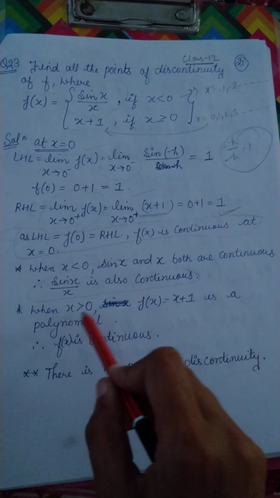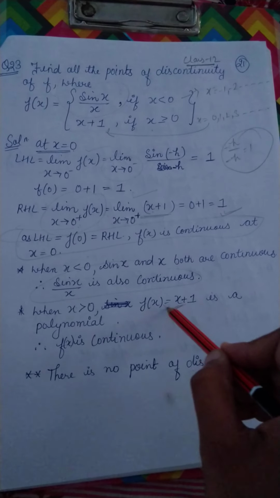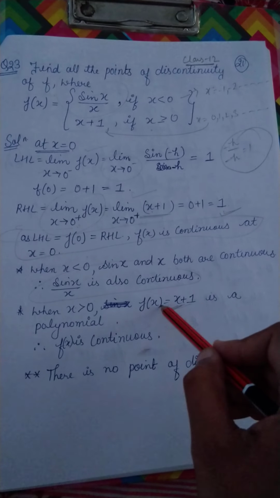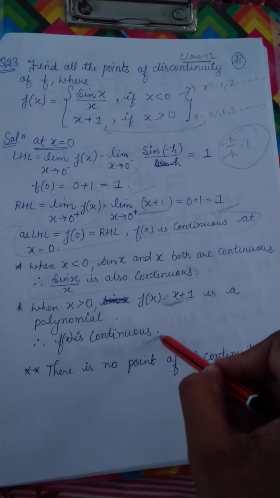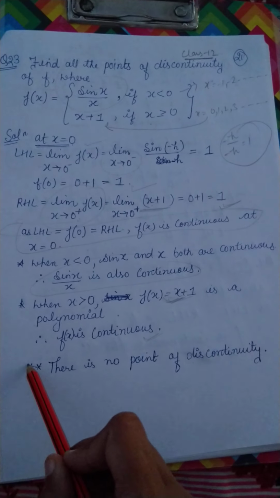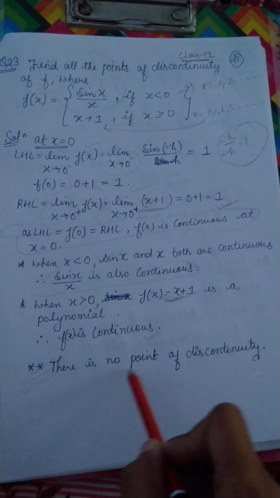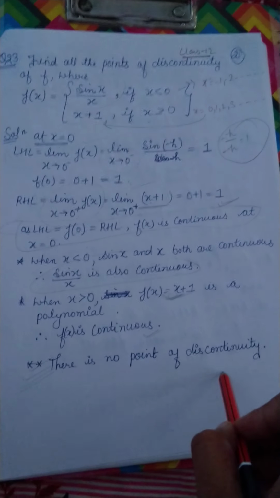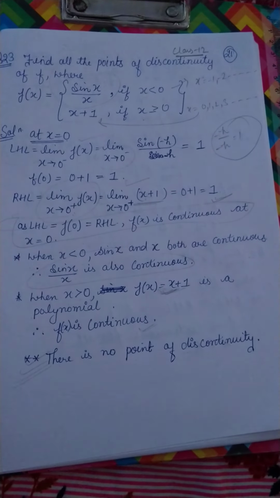When your x is greater than 0, this is a polynomial, and it is a universal statement that polynomials are always continuous. So finally I will conclude by writing that there is no point of discontinuity. This function is continuous at all the points.